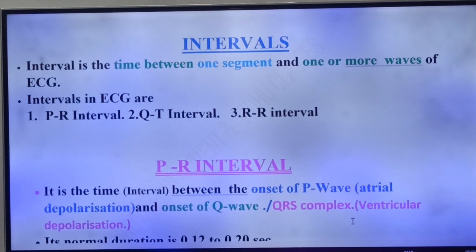The intervals of ECG are of three types, friends: PR interval, QT interval and RR interval. So how many intervals are there? Three. First, PR interval. Second, QT interval. Third, RR interval.